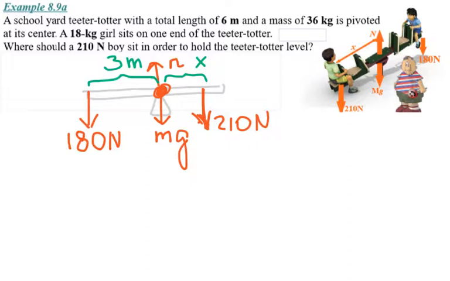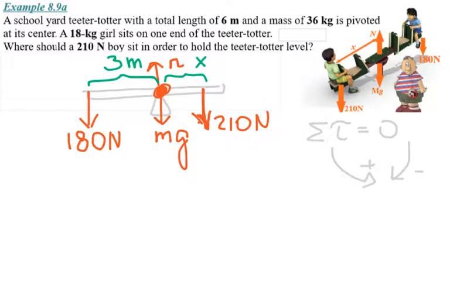So I can say that sum of the torques again in this problem is going to be equal to 0. And the torques, I have to always think again, this direction is positive, that direction is negative. Counterclockwise direction is positive, and clockwise direction is negative.